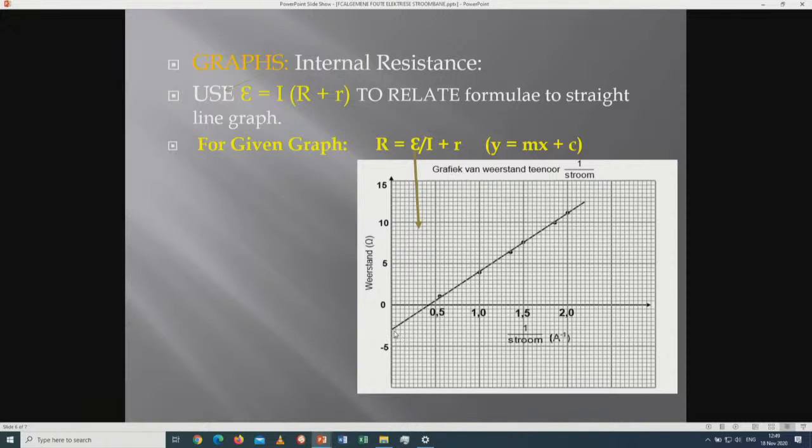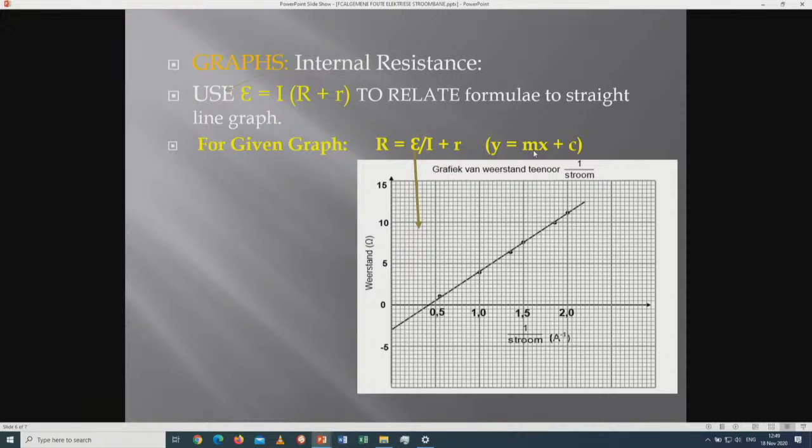So this y-intercept, this value on the y-axis, is actually the value for your internal resistance. And then you will see the m value is the value of the EMF.